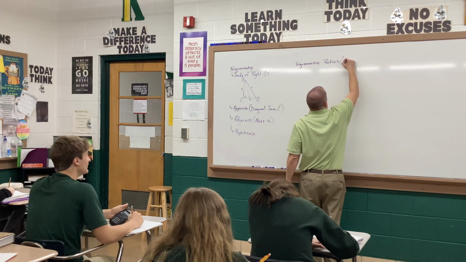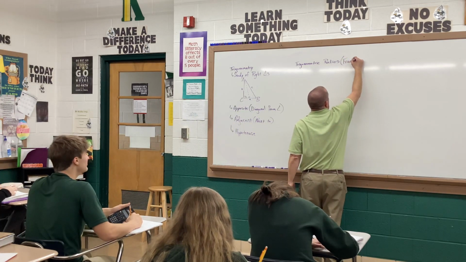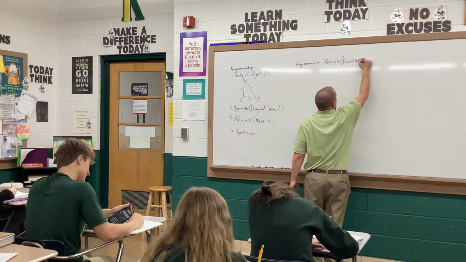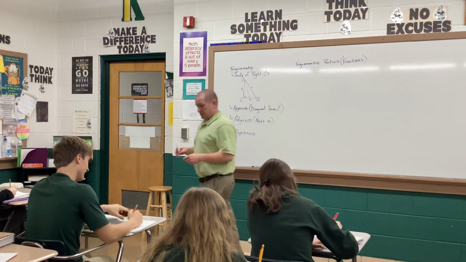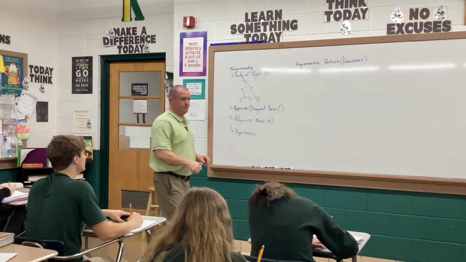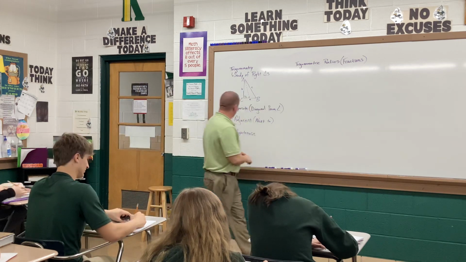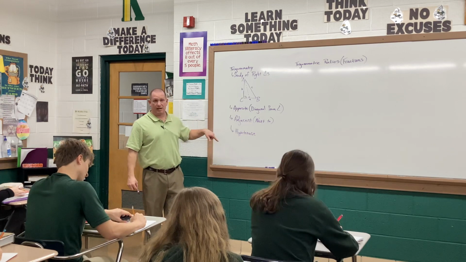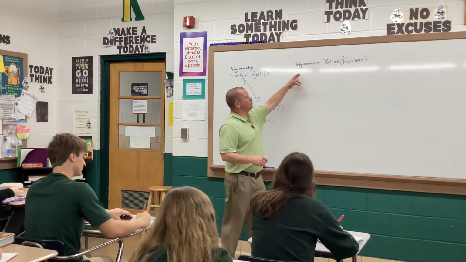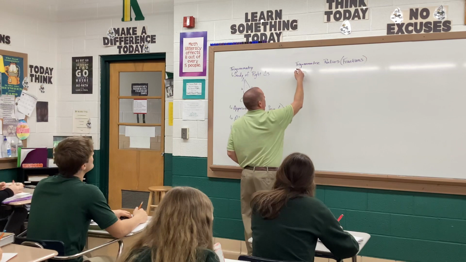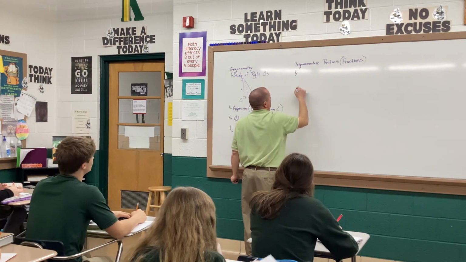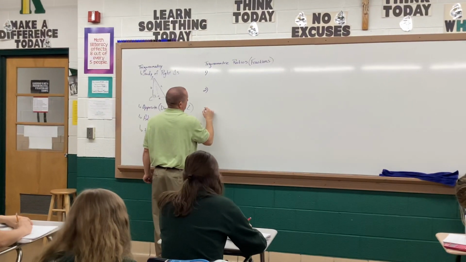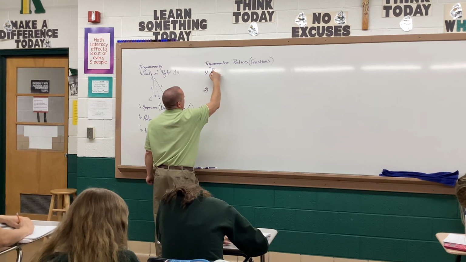So whenever we talk about trigonometric ratios, we're talking about trigonometric fractions. And that's where we're going to use these words also: opposite, adjacent, and hypotenuse. So our three trigonometric ratios are sine, cosine, tangent.